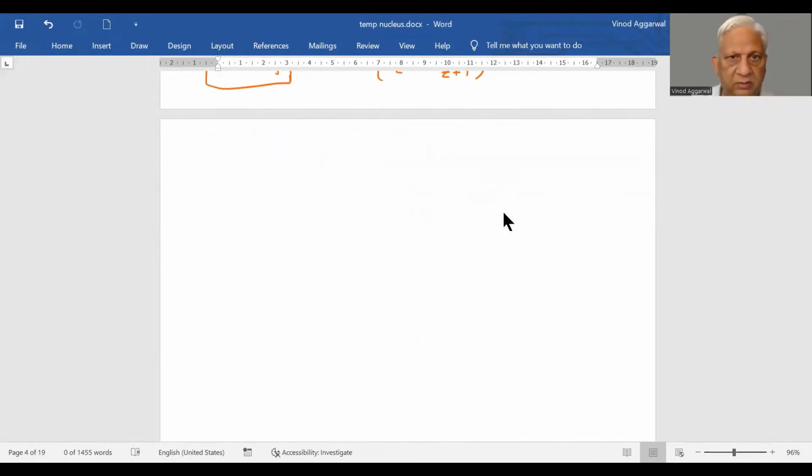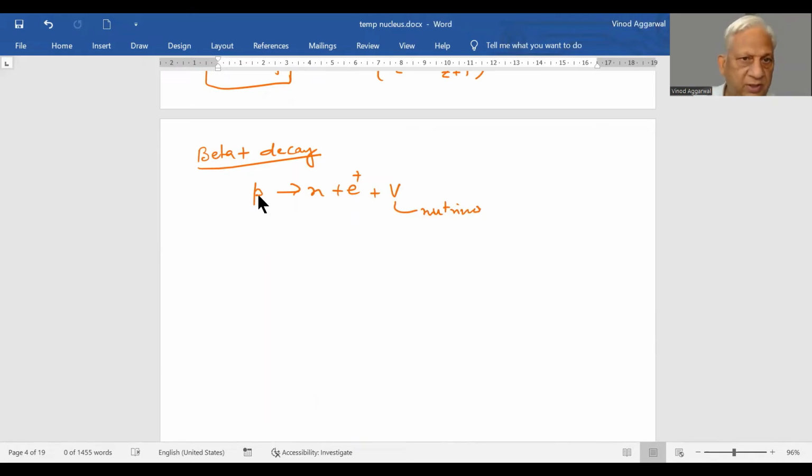Now what may happen in beta plus decay, the reverse happens, meaning a proton becomes a neutron. Proton is a positively charged item. When it becomes a neutron, there is some extra positive charge which is released as this.